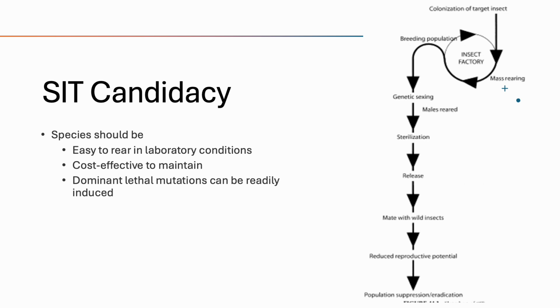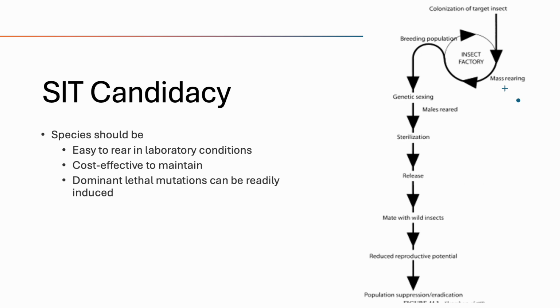The image to the right of this slide represents a figure that was included within the chapter, basically summarizing the image that I previously included a few slides ago, where mass rearing of a target species is induced at an insect factory. Then they are separated through their gender.